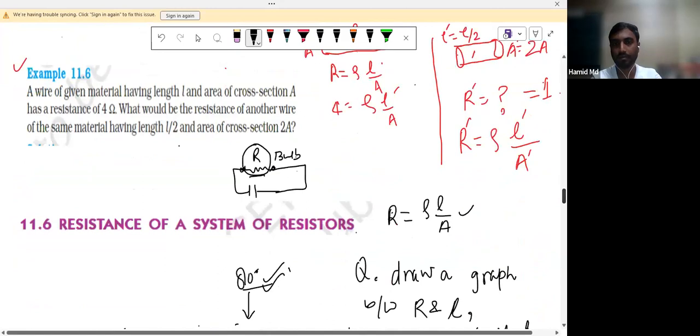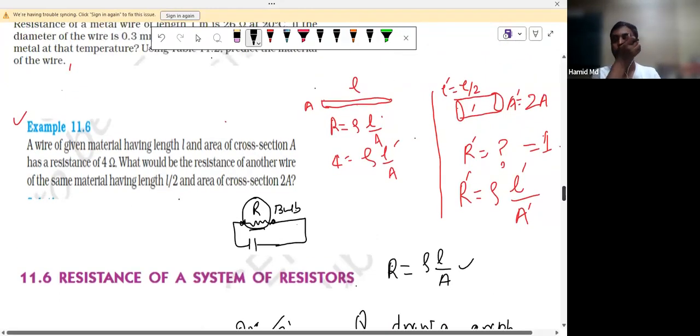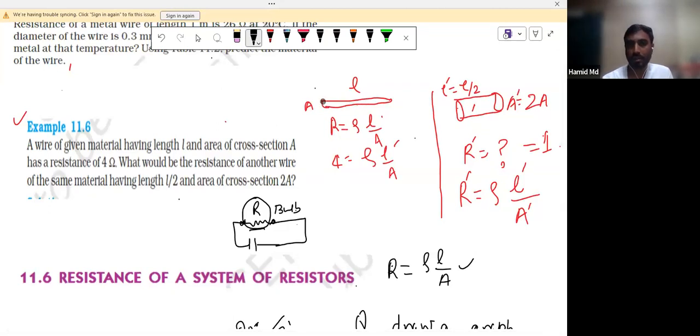We did some problems on it as well. In one minute, I will summarize how resistance depends on length. This is the length of a wire. Suppose it is a copper wire of length L. As the length will increase, the resistance will increase.